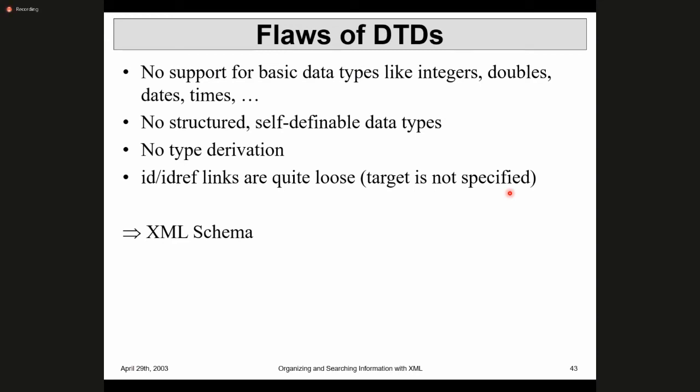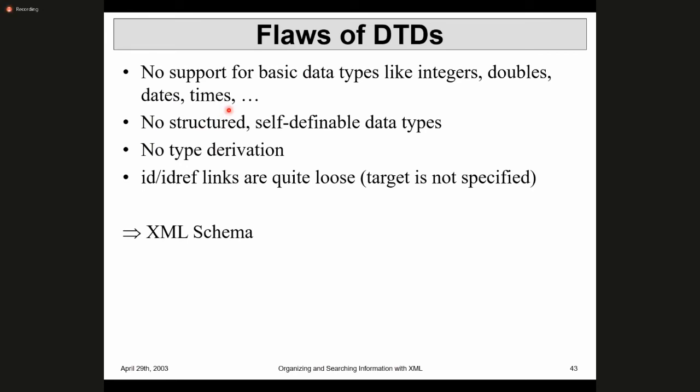No support for basic data types like integers, doubles, dates, times, etc. Right? So even though we define PCDATA and CDATA, we can't define what is the data type that we expect. Right? So when it comes to data types, we have date time data type, we have integer data type, we have float data type, we have string data type, we have many data types, right? But in DTDs, we can't define what is the data type that we are expecting.